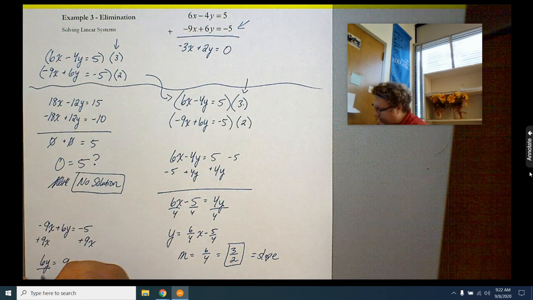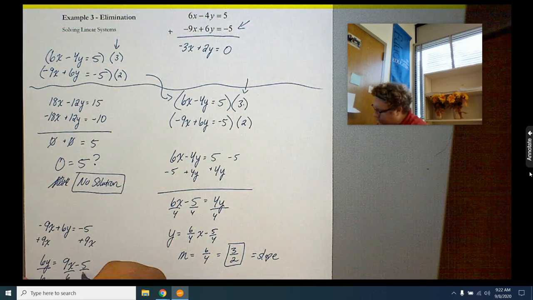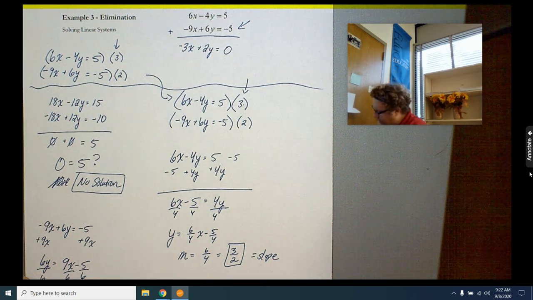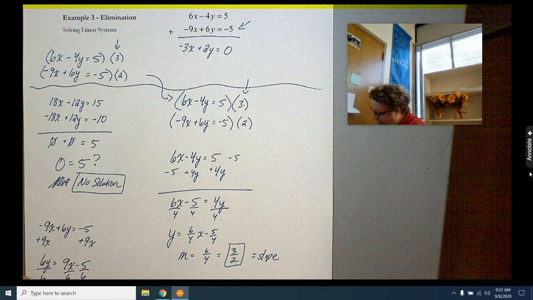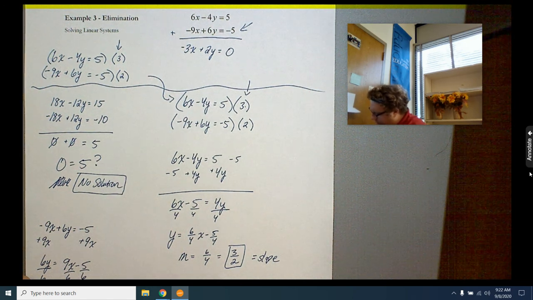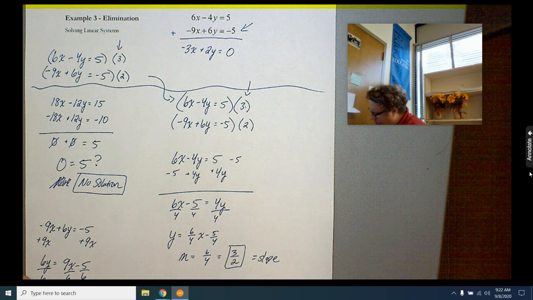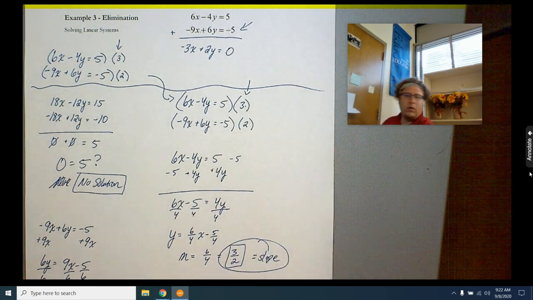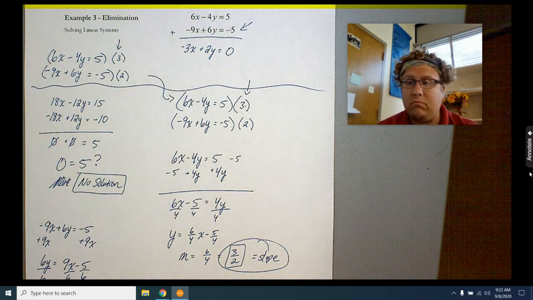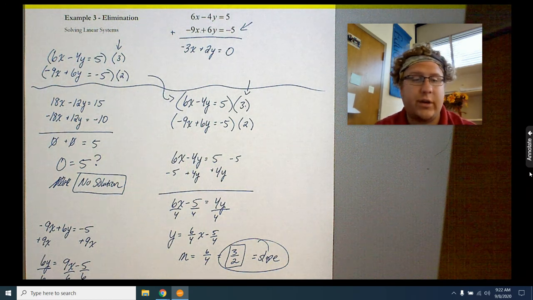And then divide by 6. y equals 9/6 x minus 5/6. And if we look at that slope, 9 over 6, that is really just 3 over 2. So since both of these have the same slope, that's another reason that we can say no solution here.